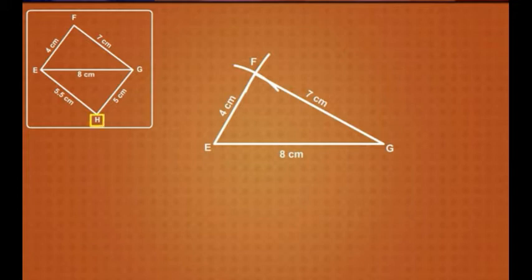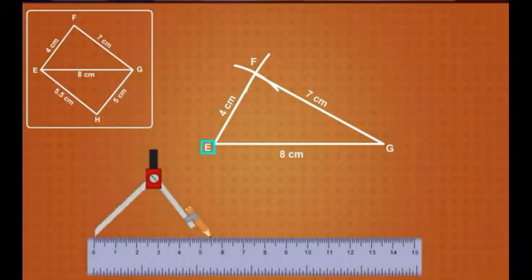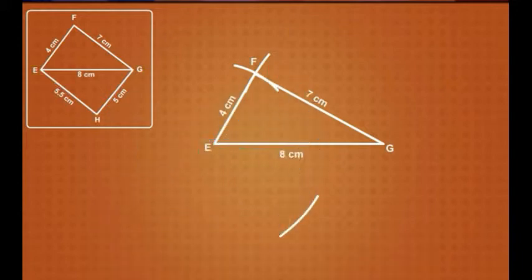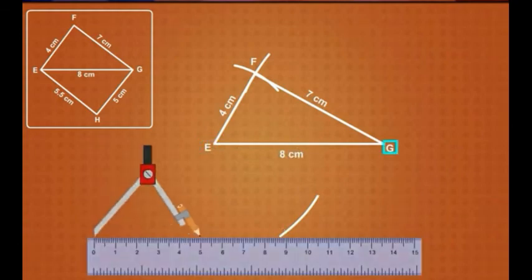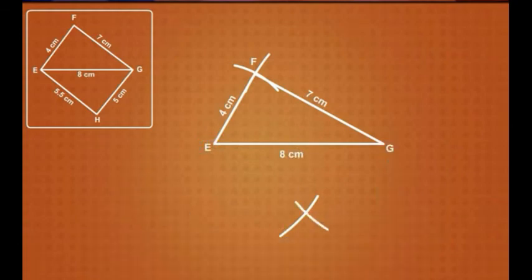Next we have to locate the point H. This point H is on the opposite side of point F with reference to the line segment EG. H is 5.5 cm from E and 5 cm from G. So let's locate H. Draw an arc of 5.5 cm from E and an arc of 5 cm from G. Name the intersection point of the two arcs as H. Then we will join EH and GH.